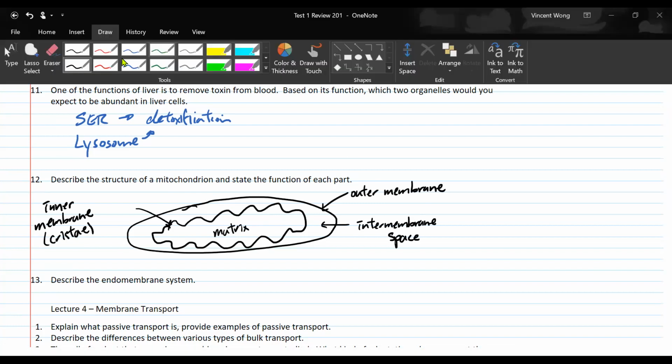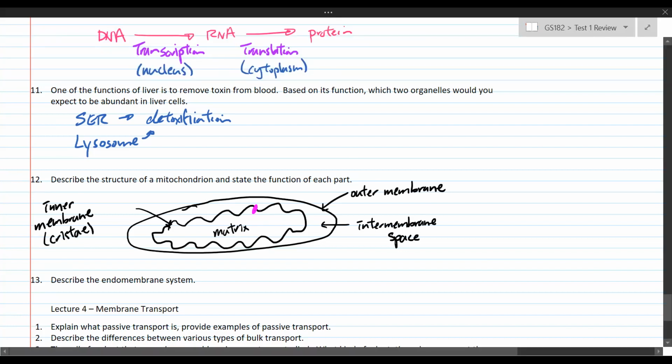And we know more now than we did when we first learned about this. Now we have the ETC here, right? All these little proteins here. Those are the ETC.